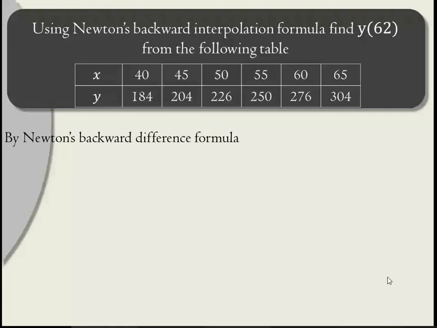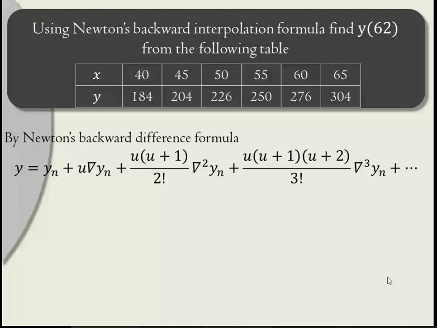If you remember forward, then what are the changes we have to make? Wherever a negative sign is there, we have to make it positive, and wherever x naught is there, make it xn. That is the easiest way to remember the formulas. Instead of y0, we take yn. Instead of the plus-minus term, we take the plus term.